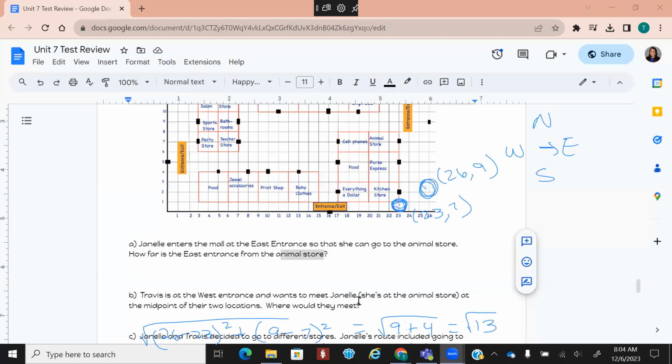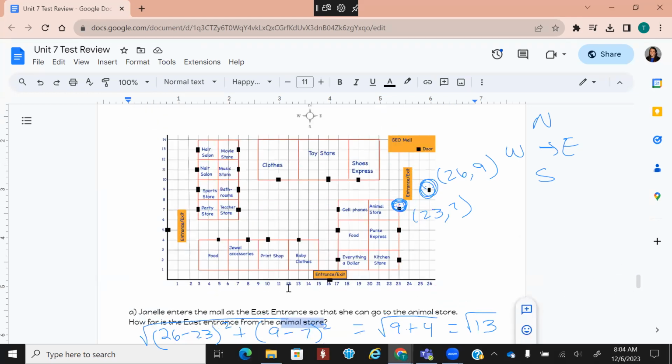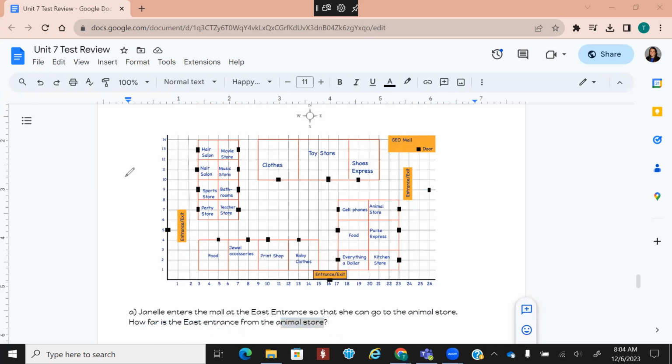Travis is at the west location, and then it's trying to meet Janelle halfway between that and the animal store. So looking at this again, I'm going to get rid of this. All right, so we're doing B. That's where we're at. Okay, so part B, and we're finding the midpoint. Okay, so animal store is right here at 23,7, and then the west entrance is at 0,5.